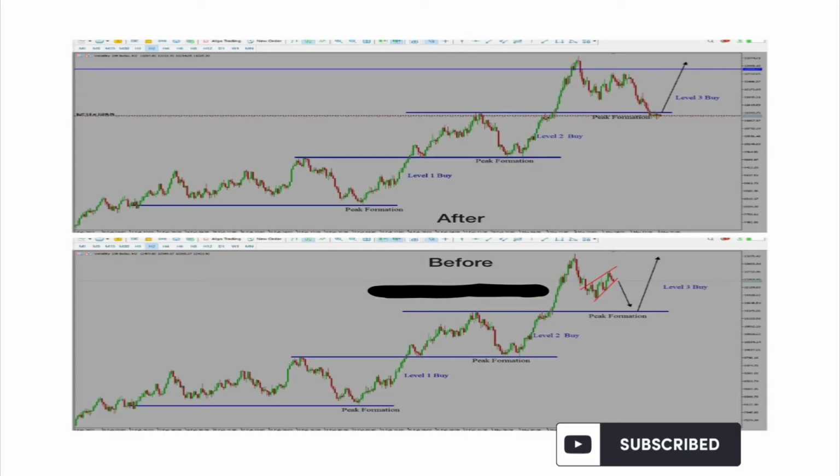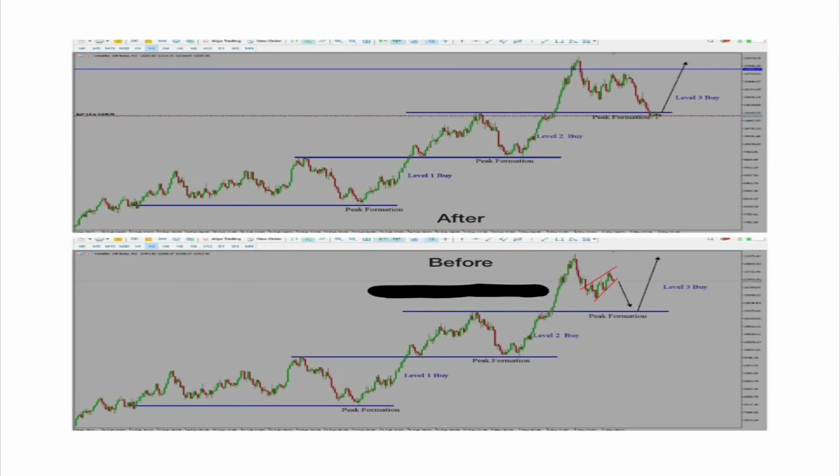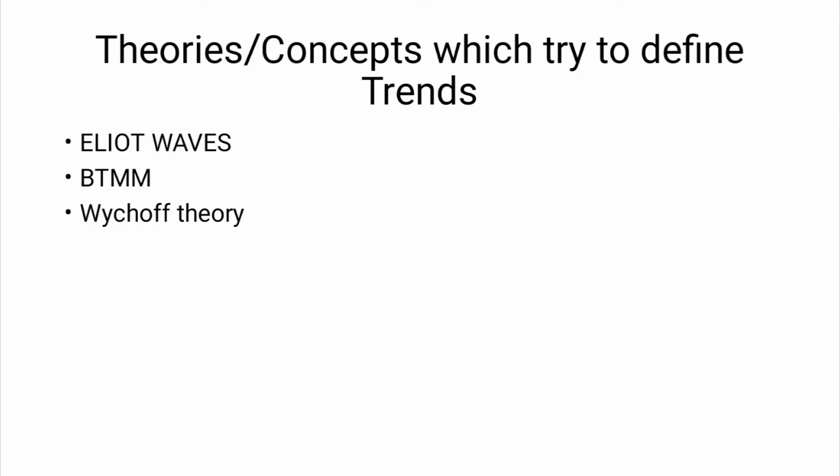Here is a chart, this 300. You can see this individual used support and resistance to anticipate points of interest or reversals. So in general, an uptrend is when price forms higher highs and higher lows, and a downtrend is lower highs and lower lows.